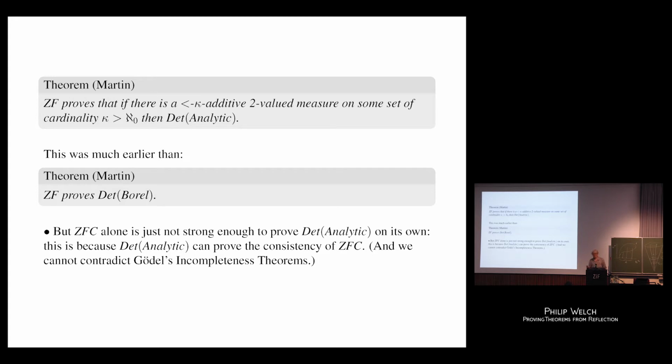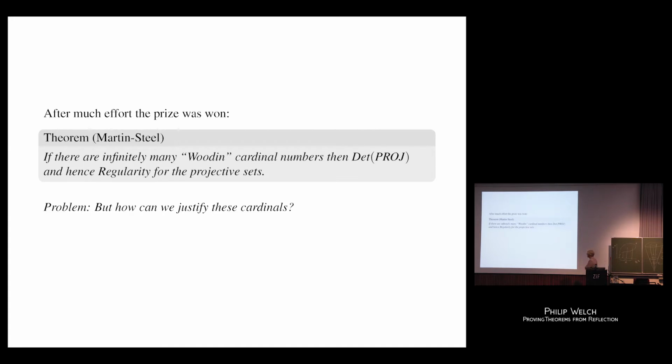So to cut a long story short, after much effort, there was some kind of large cardinal that was distilled out by Hugh Woodin and called Woodin cardinals. It doesn't matter what those are. But if you've got infinitely many of these gadgets, then you can get the determinacy of all projective sets.